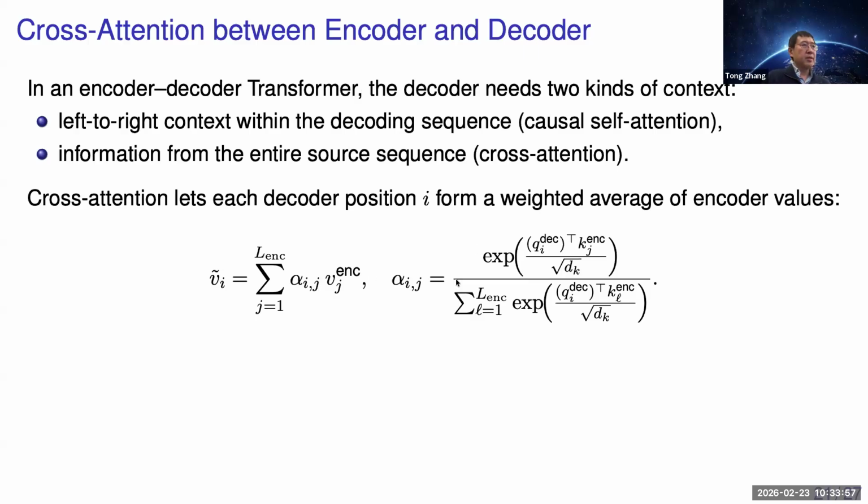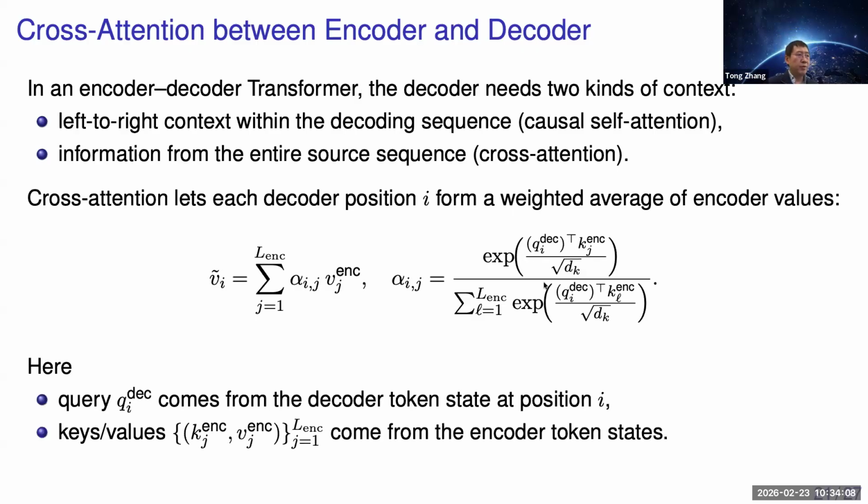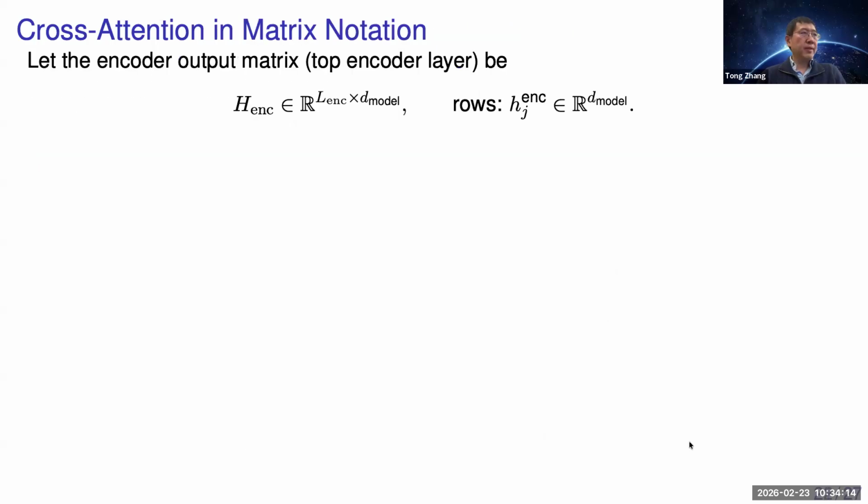Cross attention is just forming nonlinear dependency between what you want and the source. Here, the query comes from the decoder, and K and V come from the encoder. That's what it is. You can write it in matrix form.